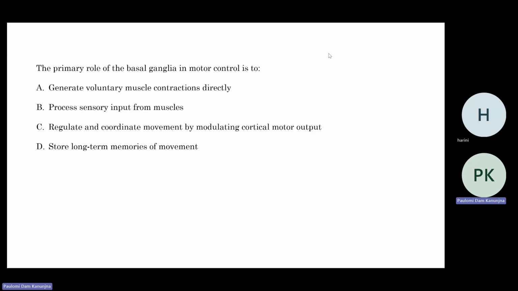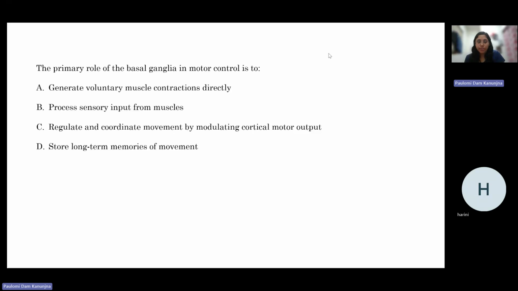Right. So let me give you the answer so that we can move to the next question. Basal ganglia are important for regulating and coordinating movements by modulating cortical motor output.